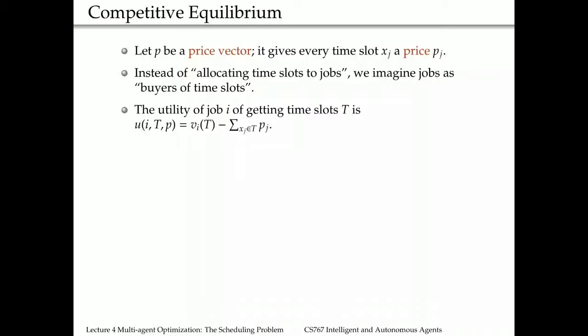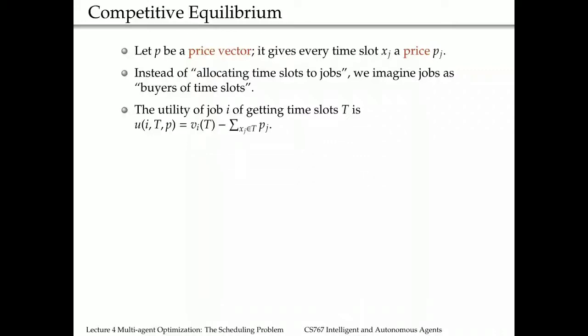And we also can define this notion of competitive equilibrium as the state where, under the current price of all the time slots, all the agents are obtaining their most favorable bundle of time slots. So formally, let P be a price vector. Recall that a price vector just gives every time slot x_j a price, p_j.